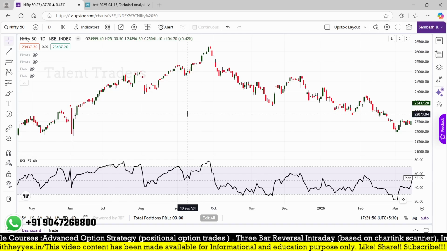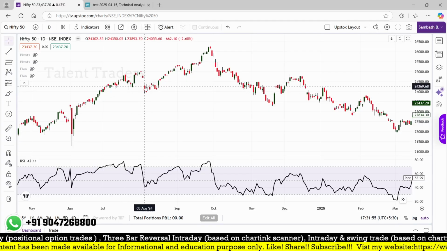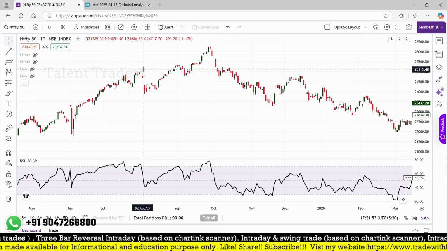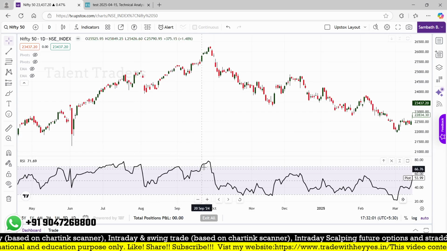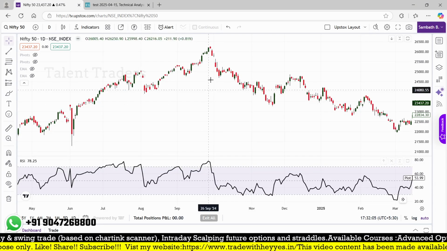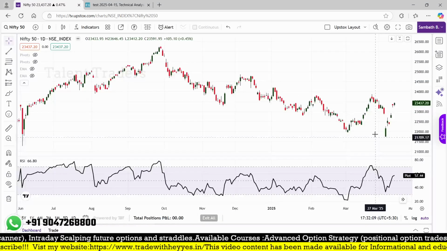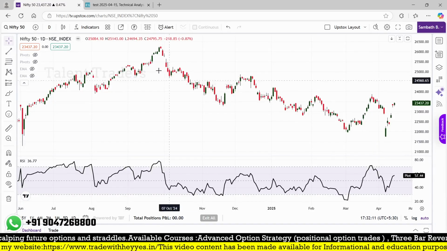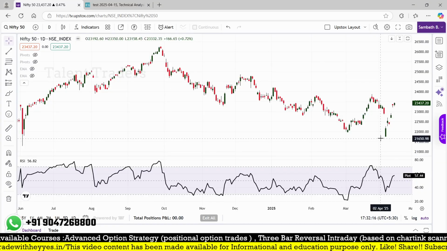When the RSI broke below 50, the price went from about 26,000 down to almost 20,700, more than 3,000 points down.